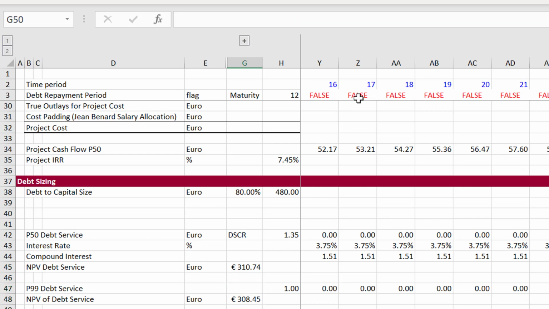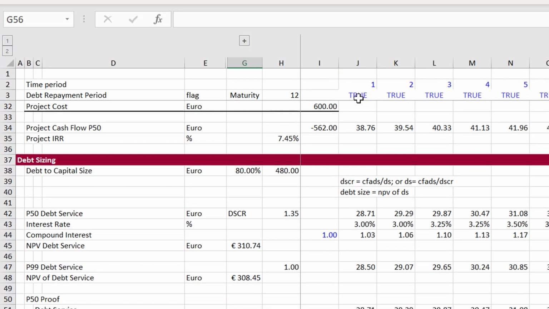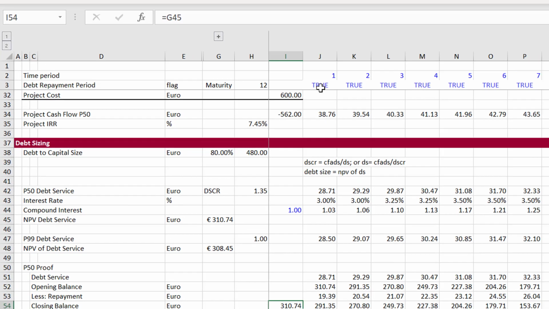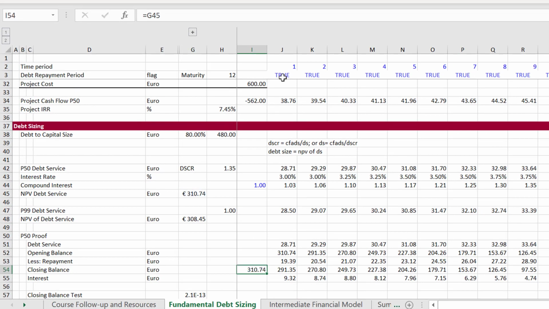So that's how we compute the debt service. And then here's what we do. We prove that it really works. And to prove it really works, you put this, where's the opening balance? Another mistake. I inserted this thing where I shouldn't have. This is that number, and you make the opening balance equal to the closing balance.